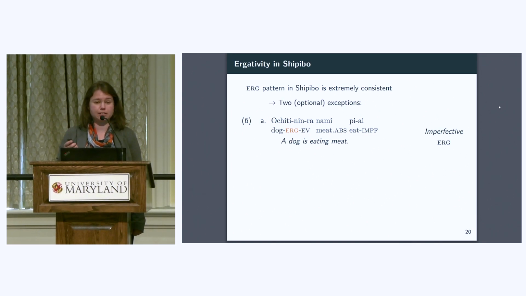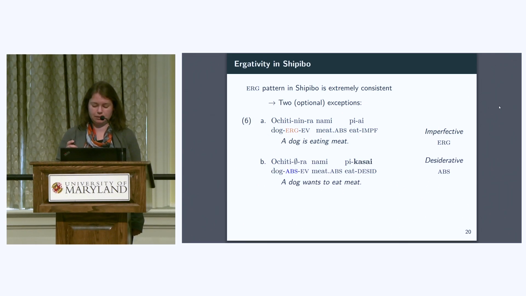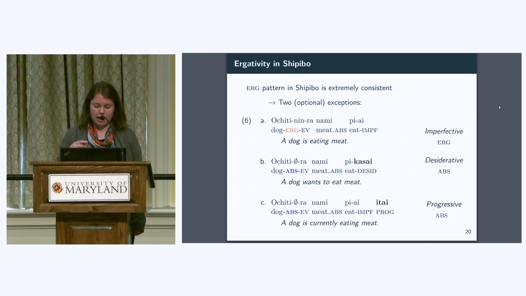But there are two cases where it is optional to mark the ergative, or you can pursue a different pattern. One of them is the desiderative, where you add this particle kasai, and now it means you want something to happen. And that can be marked without the ergative. And similarly, if you add this itai progressive, you can mark that without the ergative.